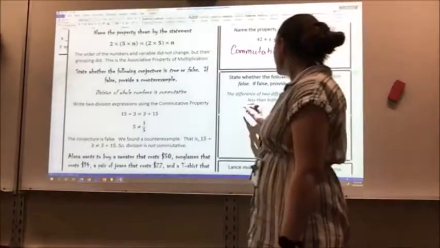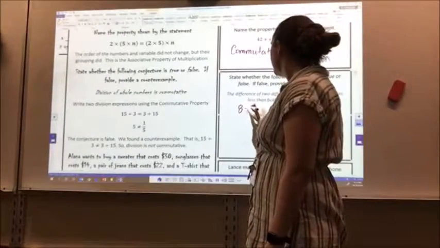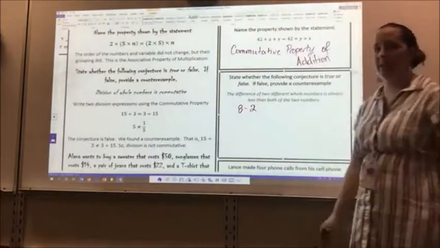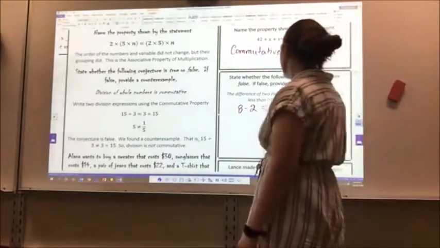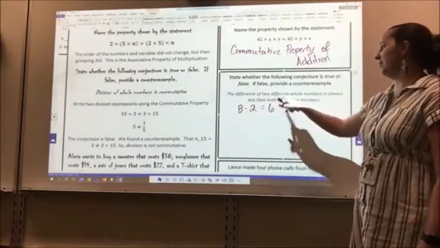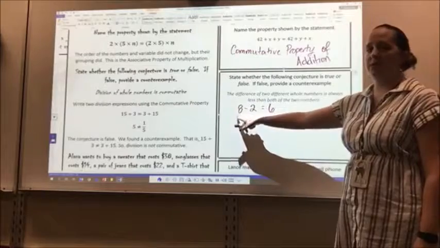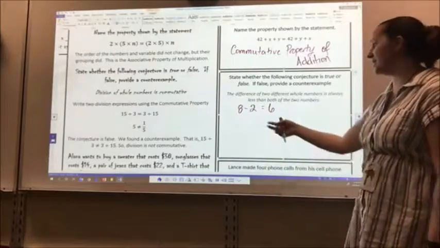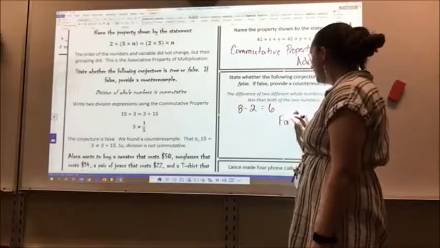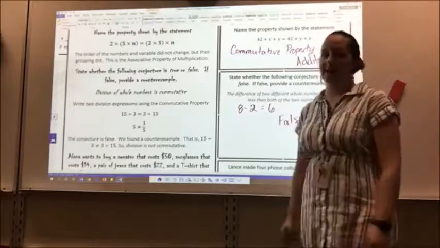Let's say 8 and 2. Difference means I subtract. So 8 minus 2 equals 6. Is that number less than both of the two numbers? Well, 6 is less than 8, but it's not less than 2. So this conjecture is false, and we've already provided a counterexample.